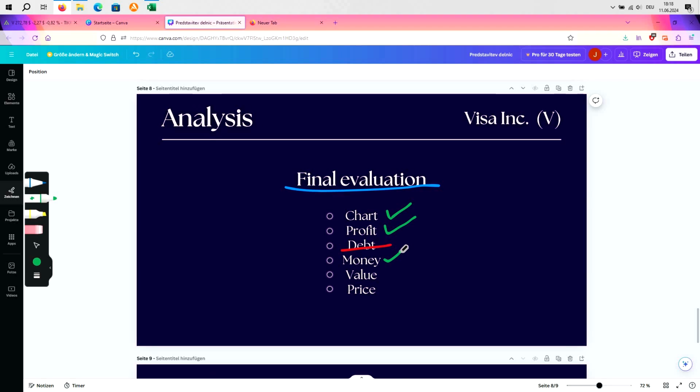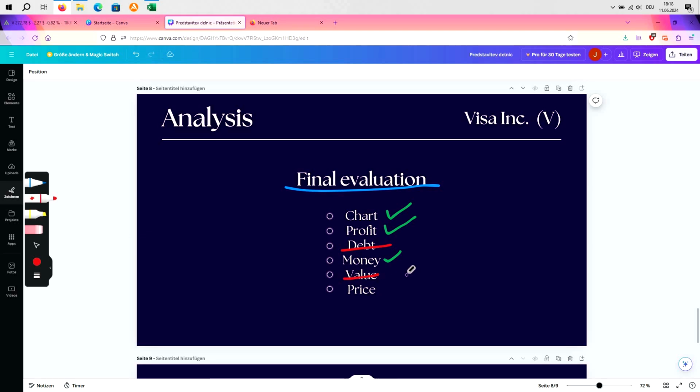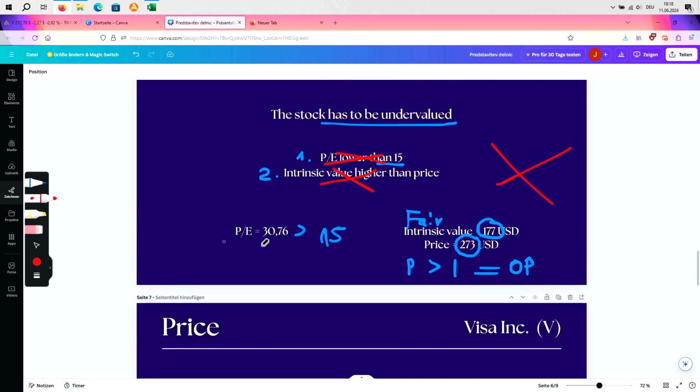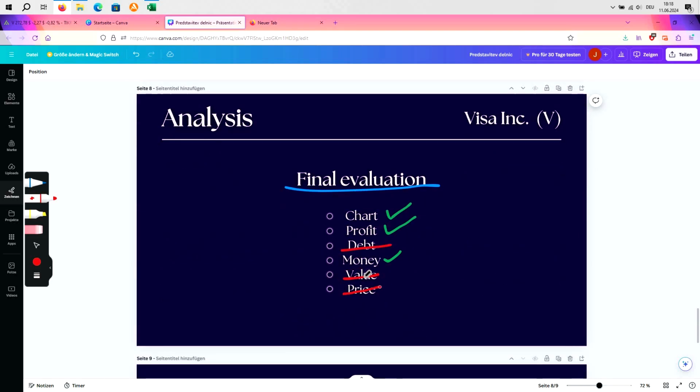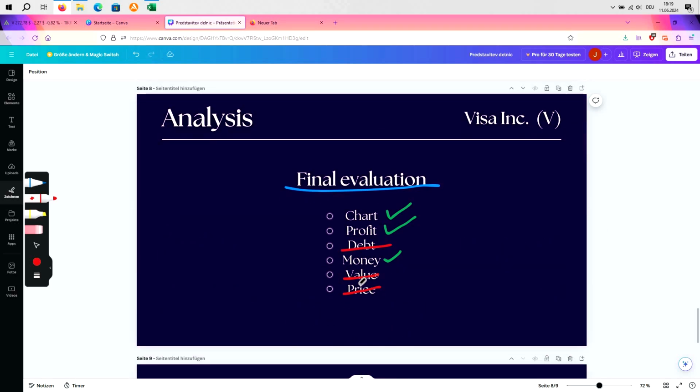They have like $20 billion on the bank account, so that's crazy. Value is also, the stock is overvalued. Why? Because as you can see, P/E is higher than 15 and fair price, or let's say intrinsic value, is lower than the price. So it's overpriced, okay? And the price is also higher than 150, so that's a no.